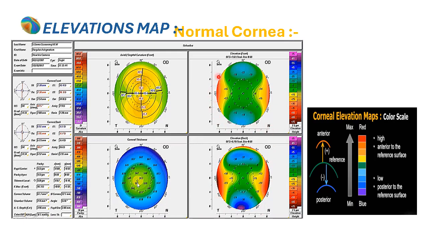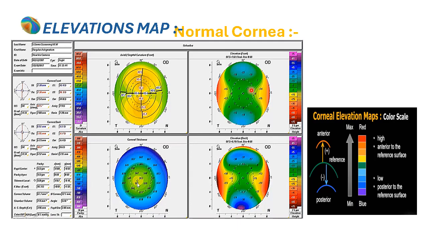This represents the anterior surface of the cornea. Normally, the green color indicates a mild elevation in the center, and the blue color indicates a mild depression in the periphery. This corresponds to the prolate shape of the cornea, in which there is central elevation with peripheral depressions.